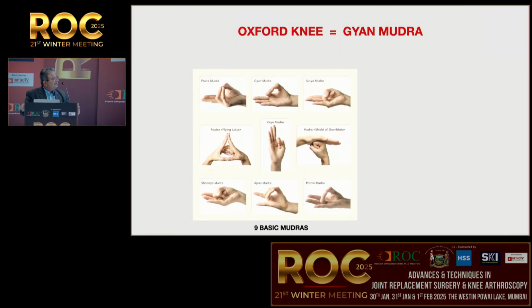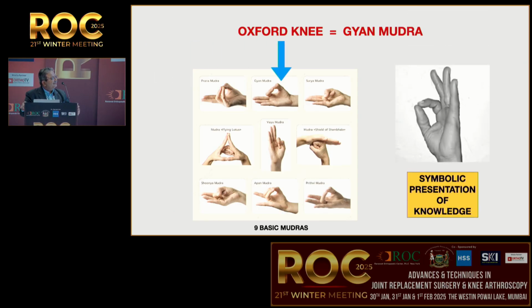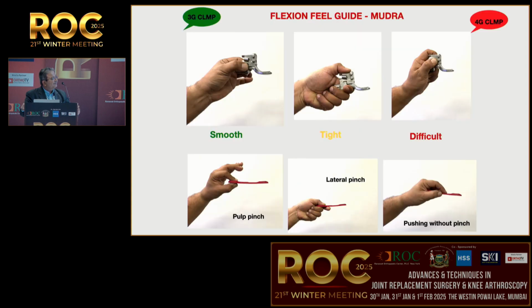Now the thing starts with your fingers, because this is going to be absolutely dependent on your feel, because it's a proper gap balancing technique. So this is where you have to remember, this is where the Oxford comes in the picture. You can push anything inside with a force. You decide what force.